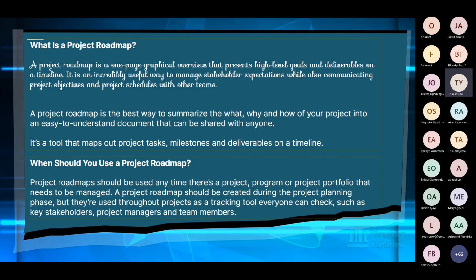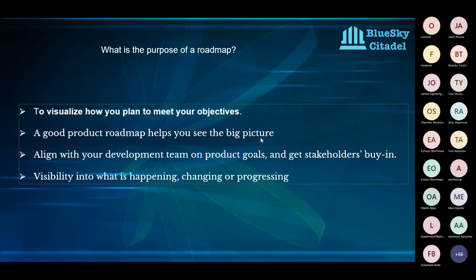They're used throughout the project as a tracking tool for everyone to check the progress of work: stakeholders, project managers, product owners, business analysts, and even the team members. Okay, I'll move on to the next slide.